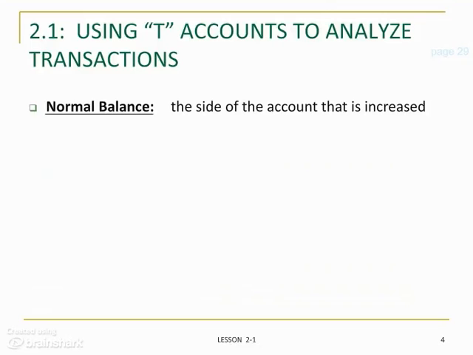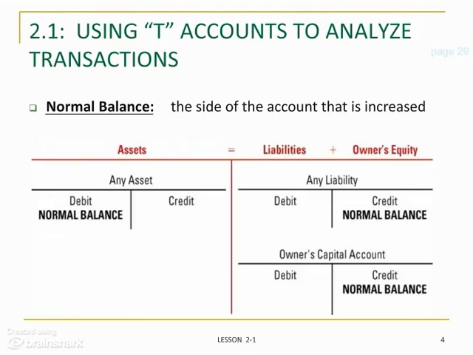We also need to keep in mind that every type of account has what we call a normal balance. The normal balance is the side of the account that account increases on. So for instance, assets have a normal balance on what we call the debit side, whereas liabilities and owner's equity have a normal balance on the credit side.